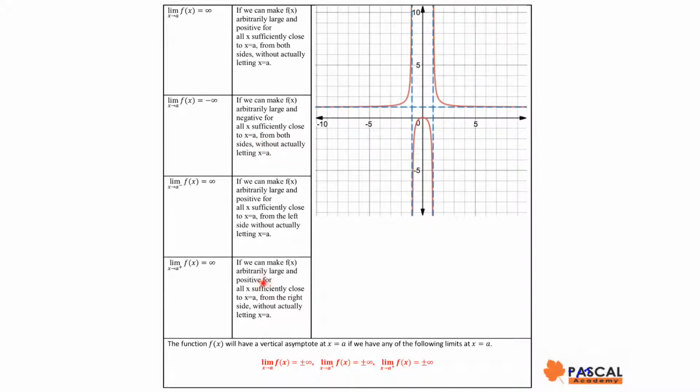When x is around a from the right side and f of x is arbitrarily large, we say limit of f of x as x approaches a from the right side is infinity, and when it is from the left side, limit of f of x as x approaches a from the left side is negative infinity.